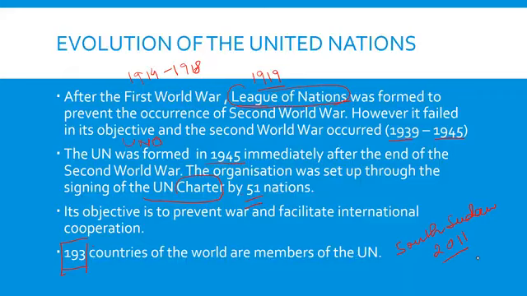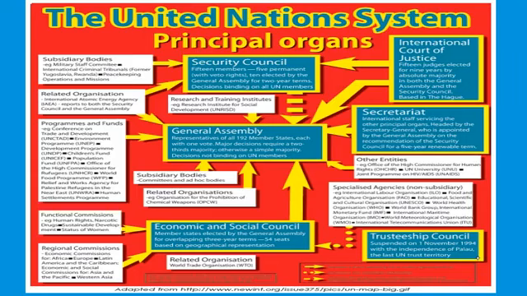Now let's look at the principal organs of the United Nations. This is a slide that is directly taken from your chapter. All the blue boxes that you see are the principal organs of the United Nations. The first one is the General Assembly.